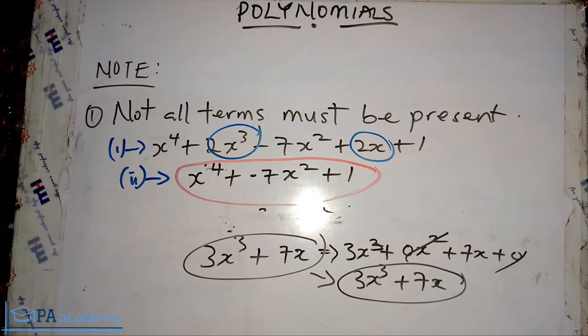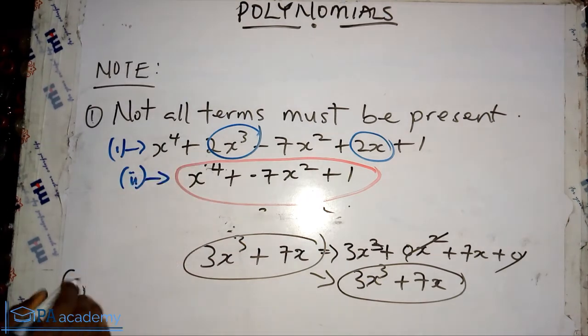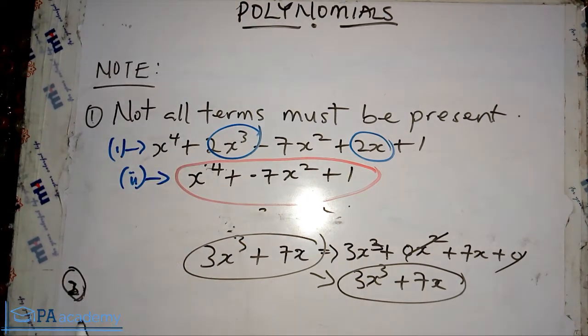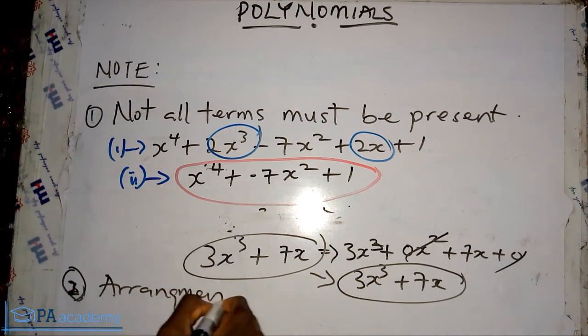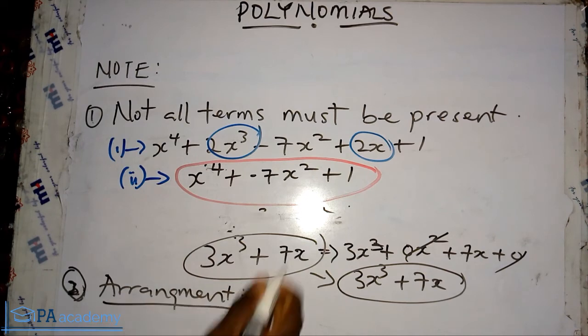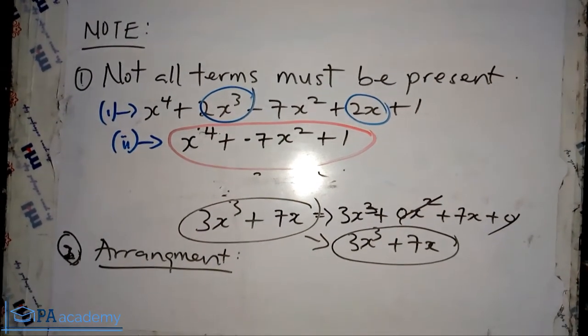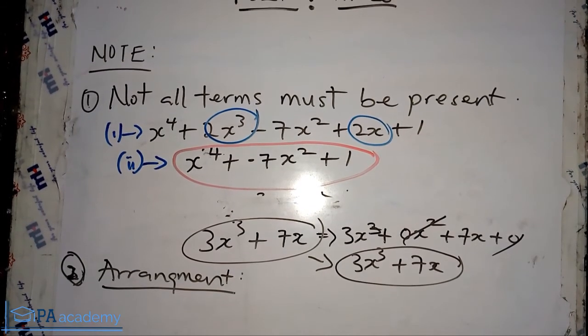Then the other thing that I want us to note, similar to what we just discussed, is in terms of the arrangement. If you notice all that I have been writing, the arrangement is always in decreasing order of the degree or the power.